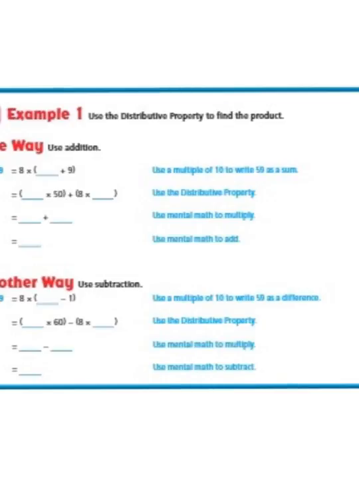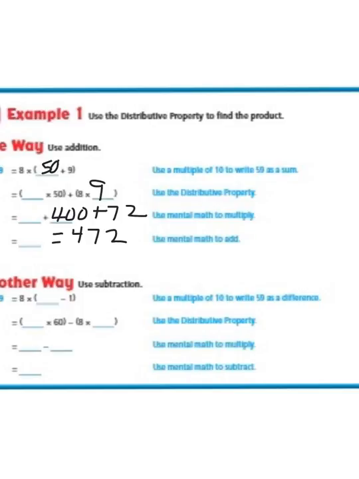So we know that 8 times 59 equals 8 times 50 plus 9. So using the distributive property, we have 8 times 50 plus 8 times 9. And we know that 8 times 50 equals 400 plus 8 times 9 equals 72. And we add those together and we would equal 472.